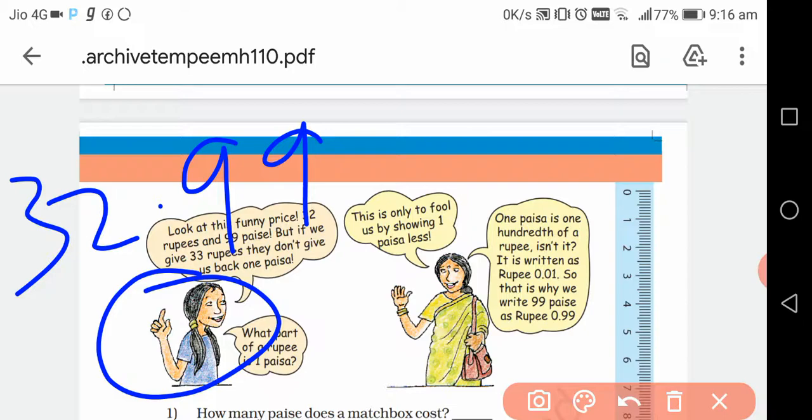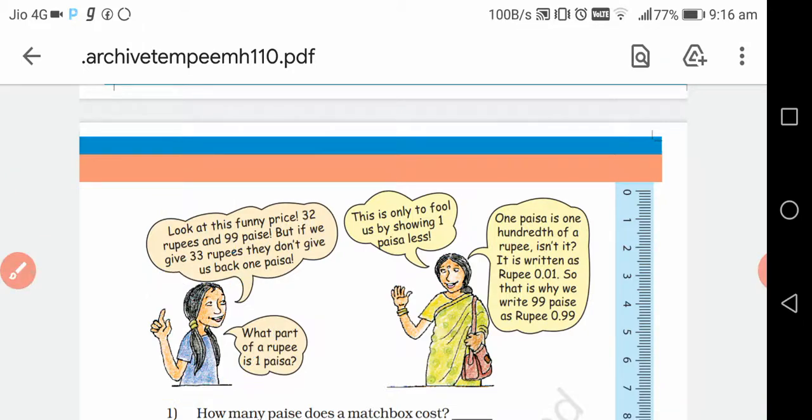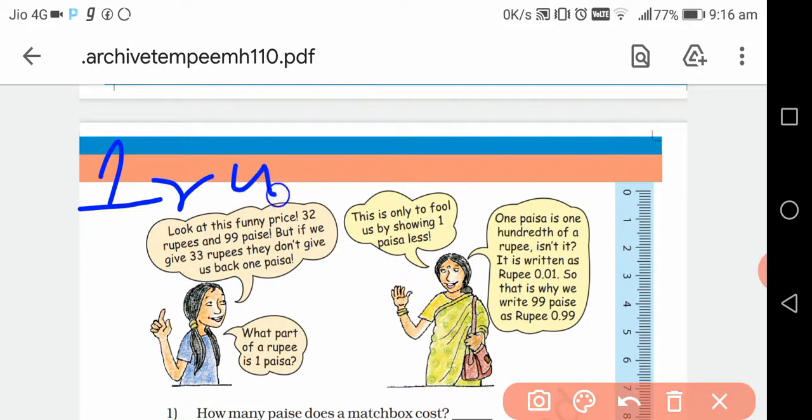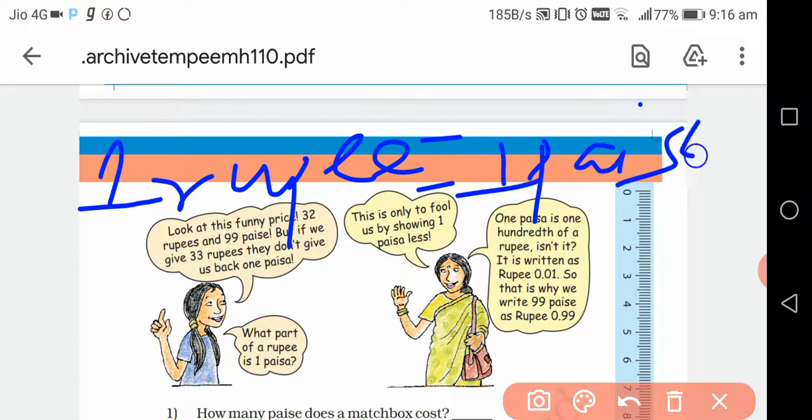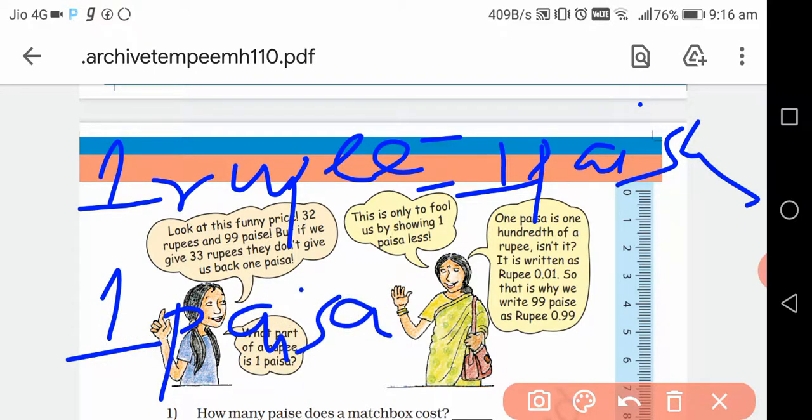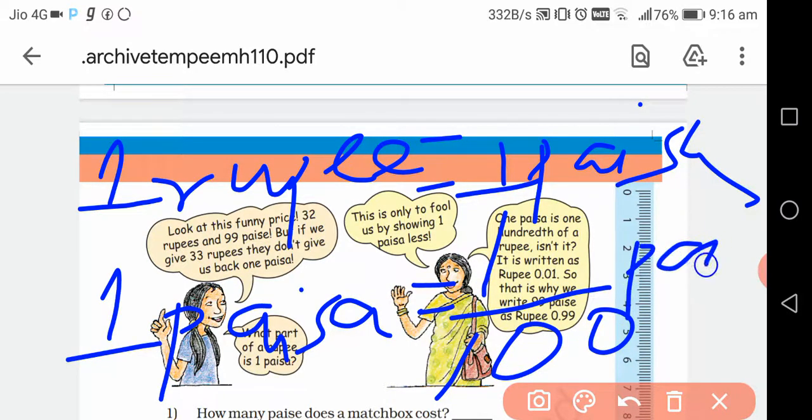1 paisa is the 1/100th part of a rupee. 1 rupee is equal to 100 paise. So 1 paisa is equal to the 1/100th part of a rupee, यानी 100 पैसे में से 1 पैसा. तो कितना पार्ट हुआ? 1/100th part. 1/100th part is equal to 1 पैसा. सो 1 रुपये के सिक्के का 1/100 पार्ट होगा 1 पैसा.